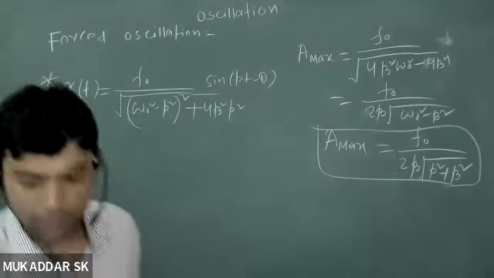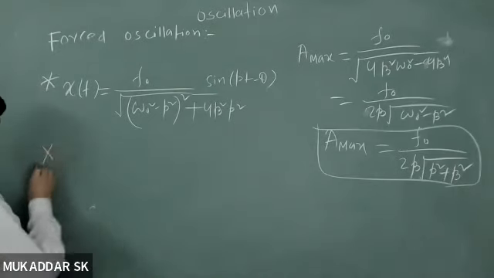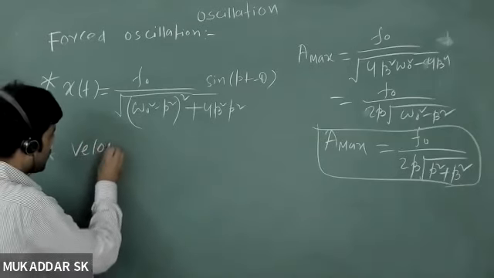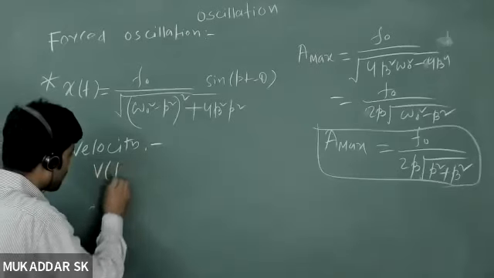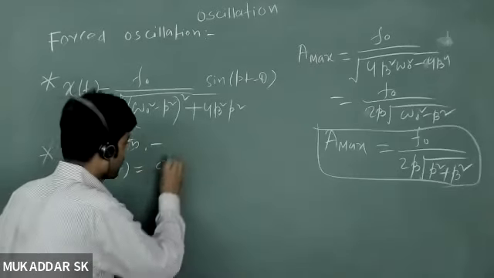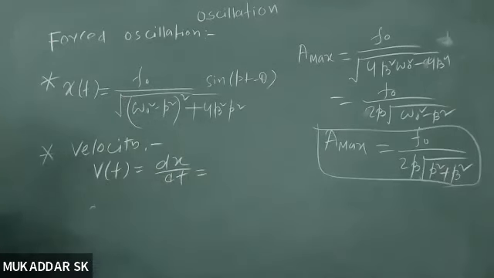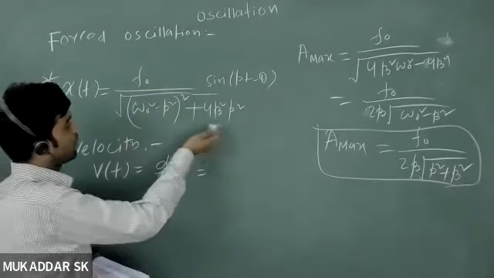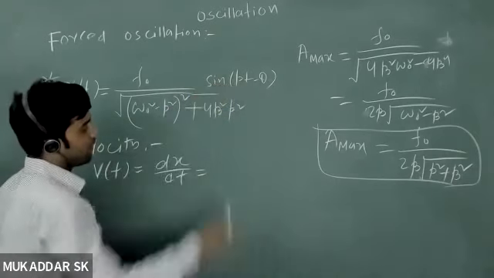Now we'll calculate velocity of oscillators. How will we calculate velocity? Differentiation. Exactly. So simple. So velocity as a function of time will become simply dx by dt, right? If you differentiate, all these are independent of time. Only the time dependent function is sine pt minus theta.